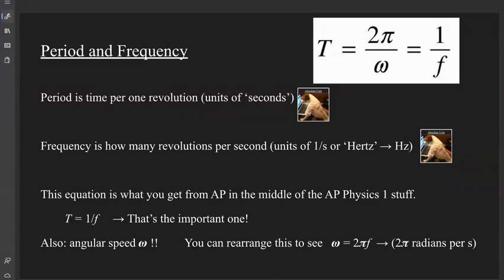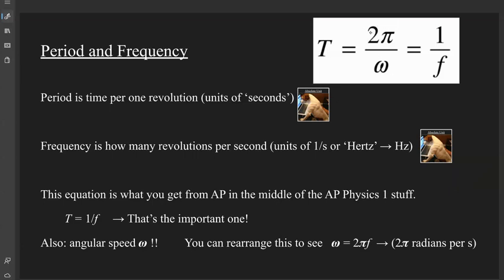So that's essentially how quickly it is rotating through a cycle, because we get one cycle, and in a sine wave, one cycle happens in 2 pi radians. So if you have your sine wave there, that's the cycle. Omega is your angular speed.